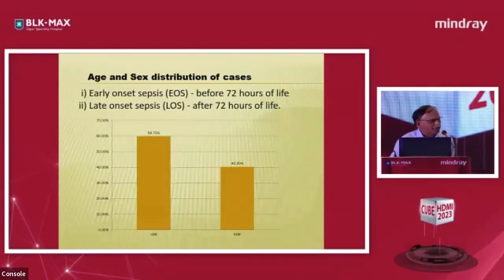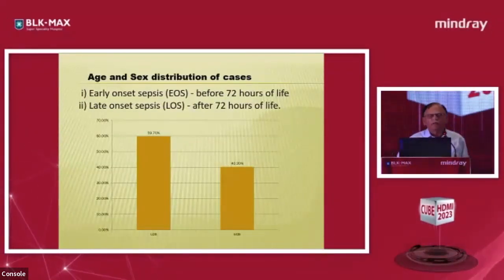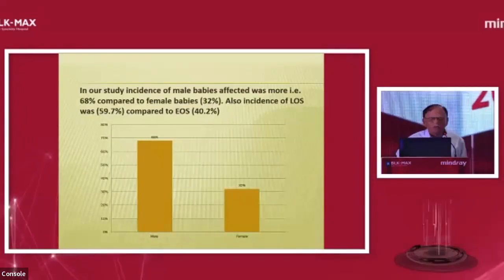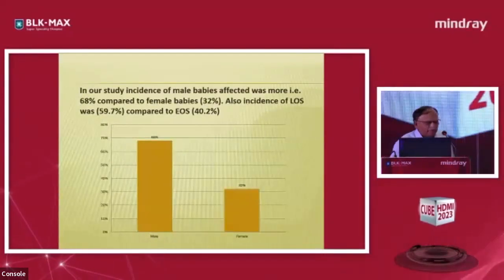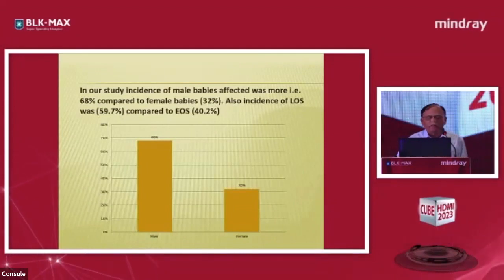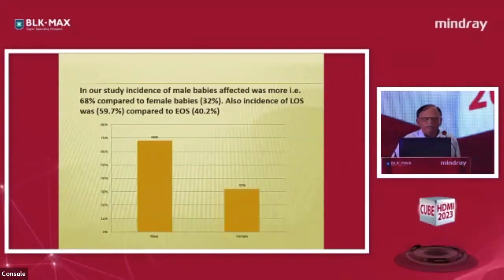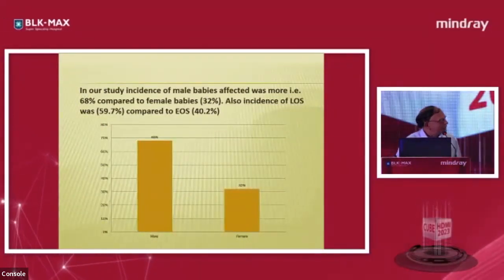This is in comparison with many other studies where early onset sepsis cases were more. And the sex distribution in our study: 68% of the patients were male babies and only 32% were female babies.